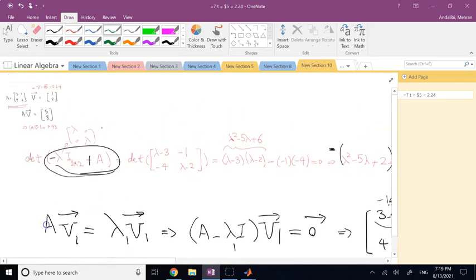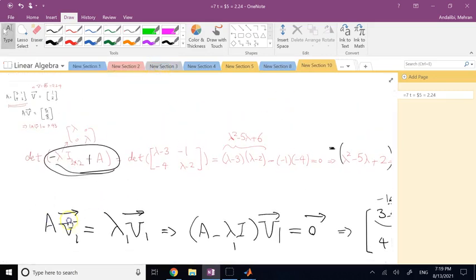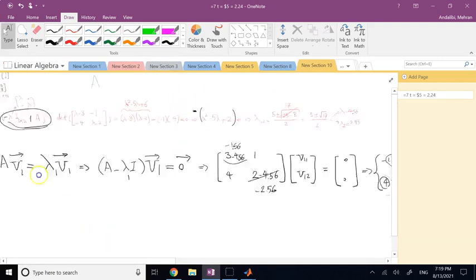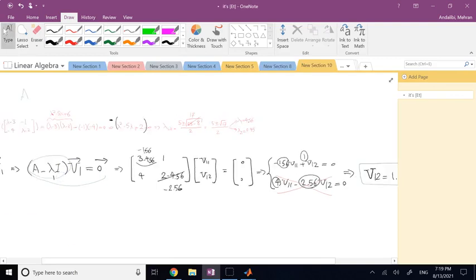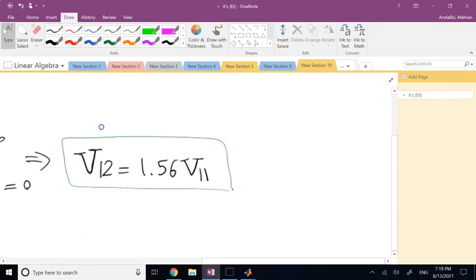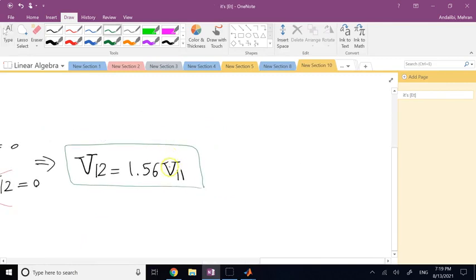It's a homogeneous set of equations, what we have, and for a homogeneous set of equations, when the determinant of the coefficient matrix is 0, it's going to have infinitely many solutions, which clearly you can see here. I can choose any number for V11, and it gives me a number for V12. So definitely I have infinitely many solutions, but among all of those solutions, there is one thing the same. That's the slope of the line.